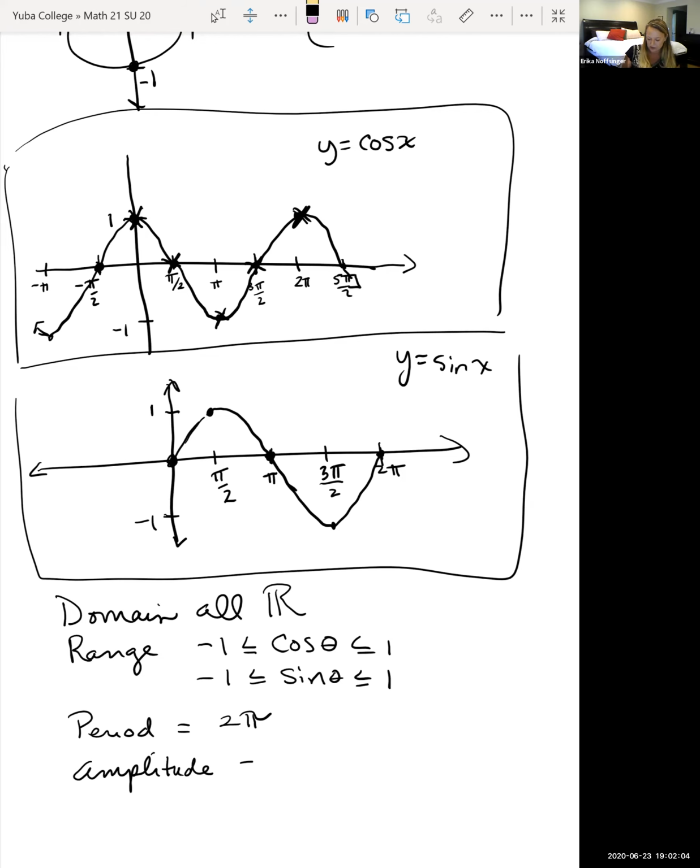This is equal to, and we'll talk about this again in a second, the absolute value of A, where A is equal to the number in front of y equals sine x.